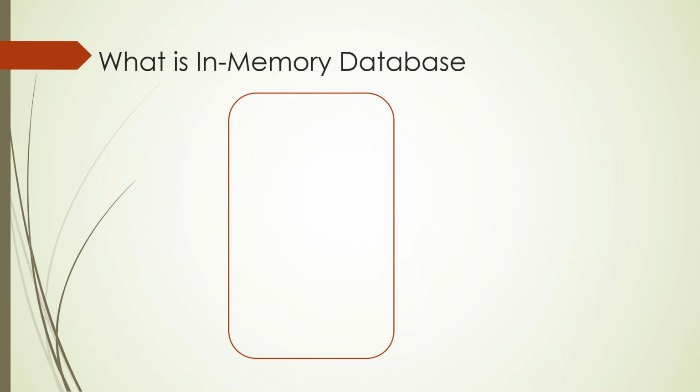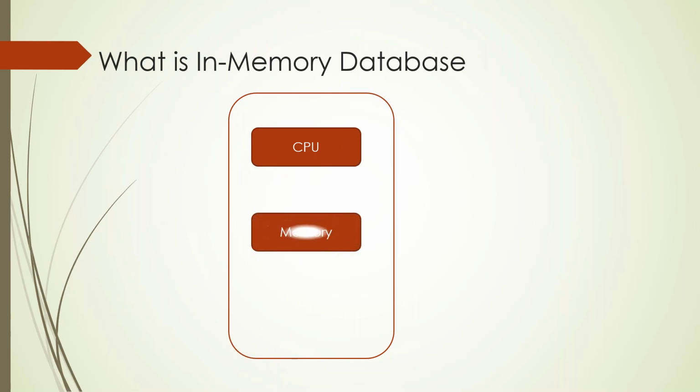Consider I have one server, a box hardware or VM. Inside that I have the CPU, and then I have memory, and then I have disk. So these are the basic things we have.